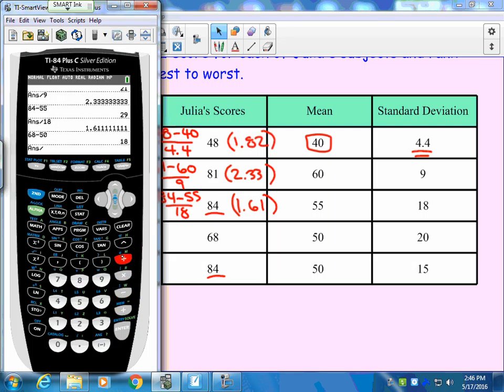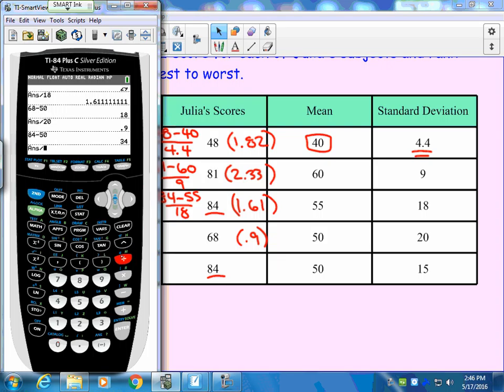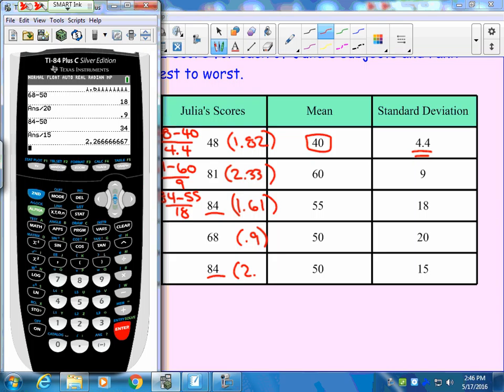Enter. Divided by 20. Okay, 0.9, less than a standard deviation above average. And then we finish up with 84 minus 50. Enter. Divided by 15. Okay, now we've converted all of her grades to z-scores.